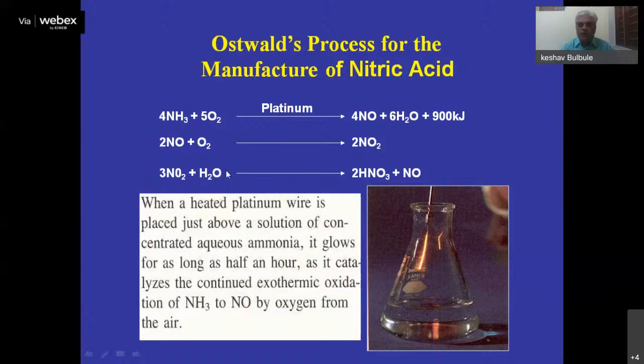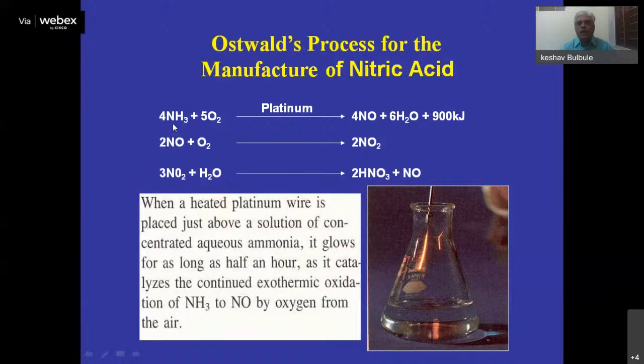Nitrogen dioxide, when absorbed in water, not only produces nitric acid, but the nitric oxide regenerated can be recycled any number of times. Amongst all the three reactions, the first reaction is called the key reaction.